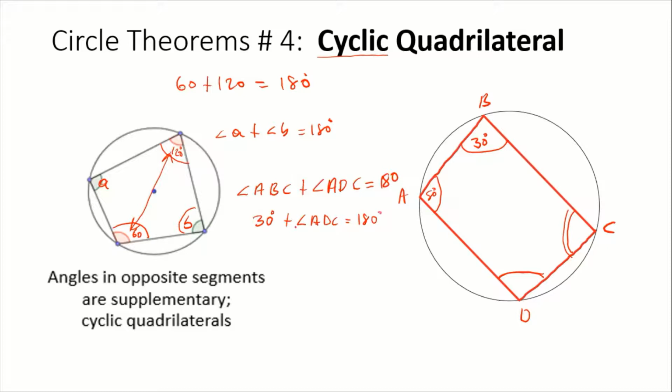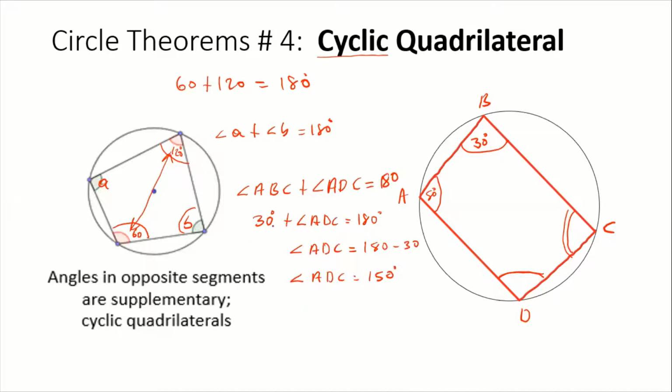Now, how can we find angle ADC? We can subtract 30 degrees from both sides. So angle ADC is going to equal 180 degrees minus 30 degrees. Therefore, angle ADC is going to equal 150 degrees.